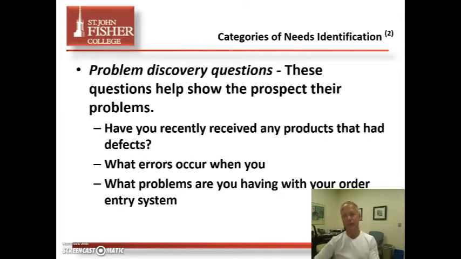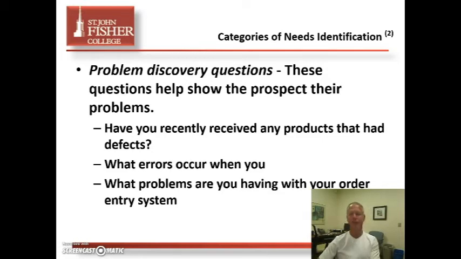Now, if you are good and you understand your competition and you've done your homework and you've pre-planned for the call and you know what the prospect is using and your competition, then you can ask a closed question that says, have you ever had a problem with? Especially if you know that might be a shortcoming of your competition or a shortcoming of what's going on.